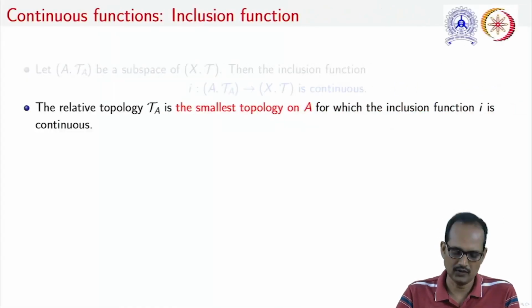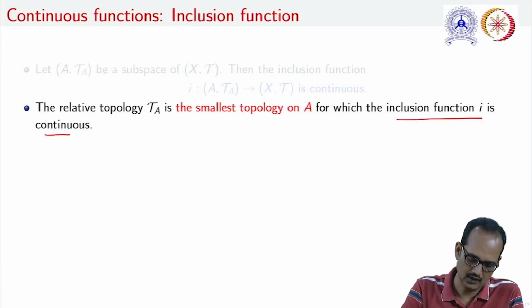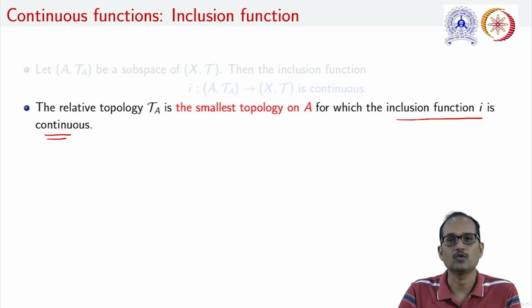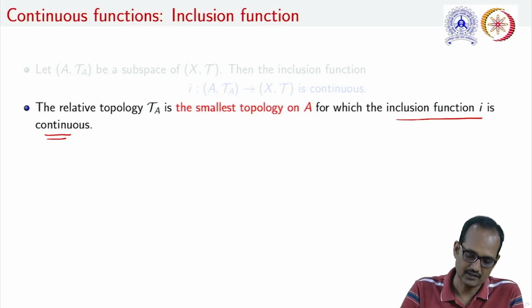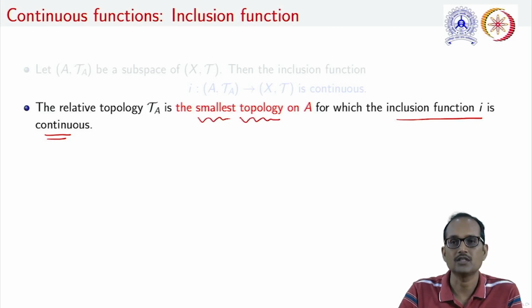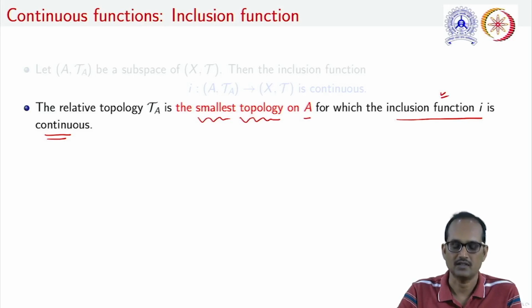Moving to the next one, we have seen that this inclusion function I is continuous when the topology on the domain is the relative topology. But note that we can also justify that the relative topology is the smallest topology on A which makes this inclusion function continuous.